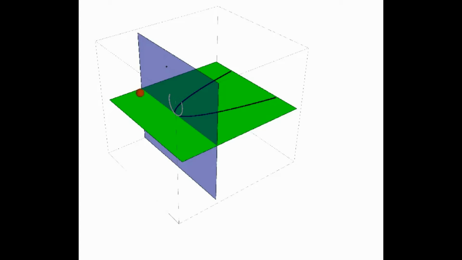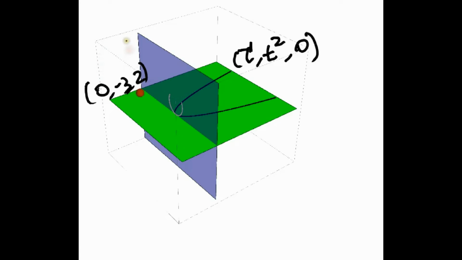So, what we've essentially got here is that when we have this parabola, which has equations t, t squared, 0, and we project that towards this viewing point, which has equations 0, minus 3, 2, we get this curve here on the picture plane, which is the plane where y equals 0.